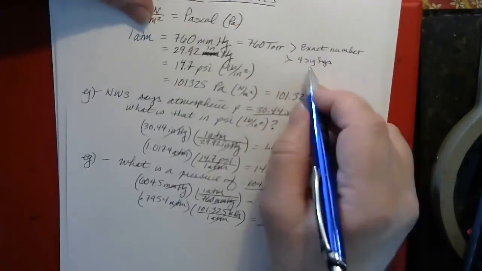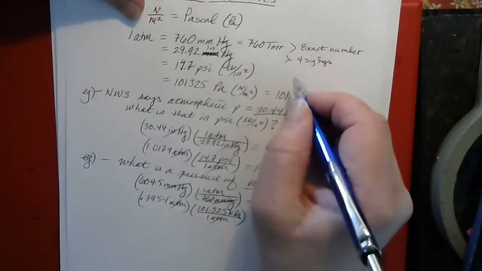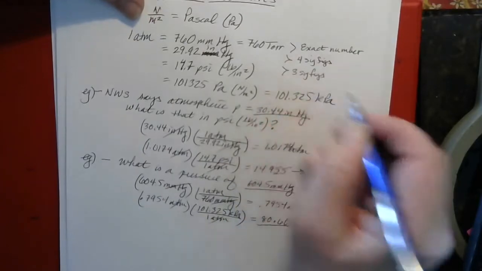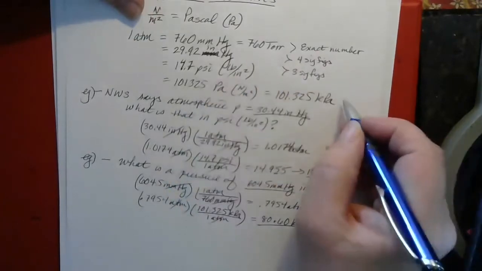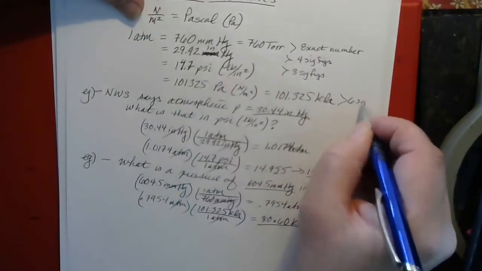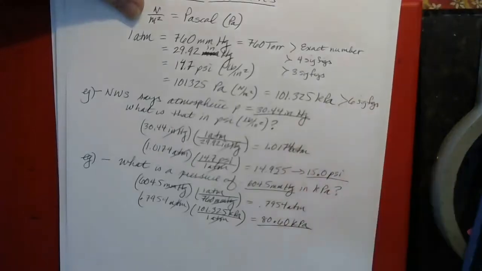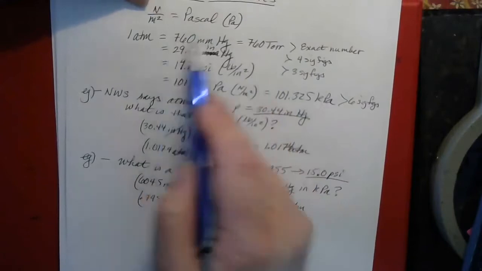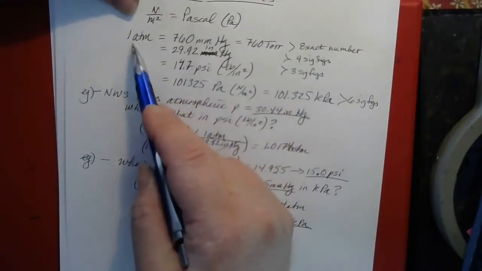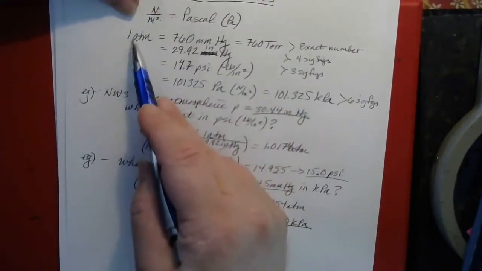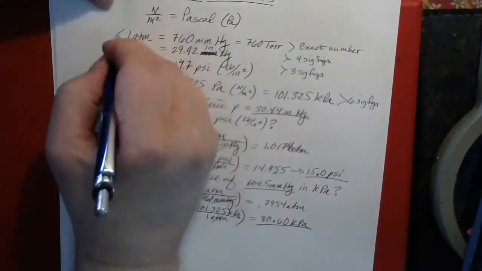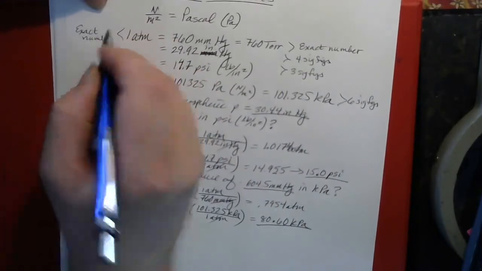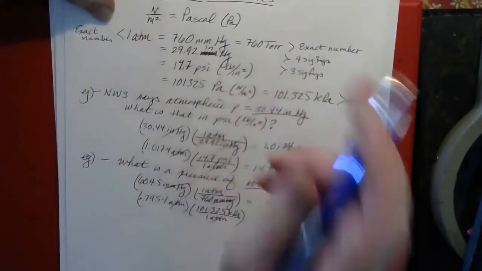That's in significant figures, 4 significant figures. 14.7 would be 3 significant figures, and 101.325, that would be 6 significant figures. So 760 is, and 1 for 1 atmosphere, that would be considered infinite significant figures also. And so 760, that's infinite.